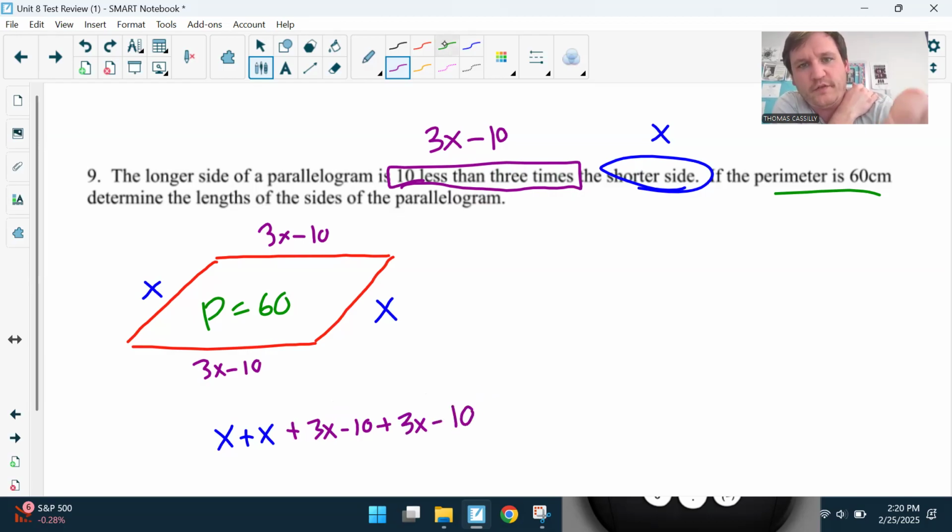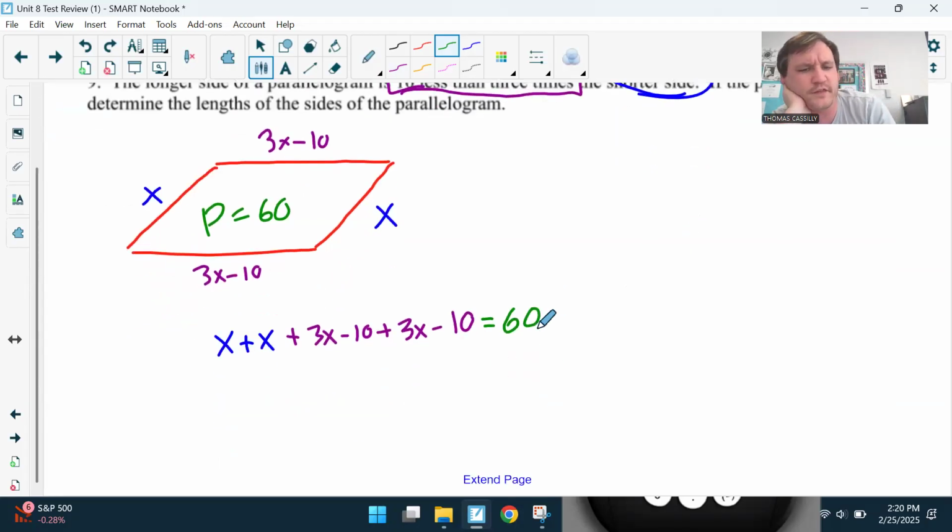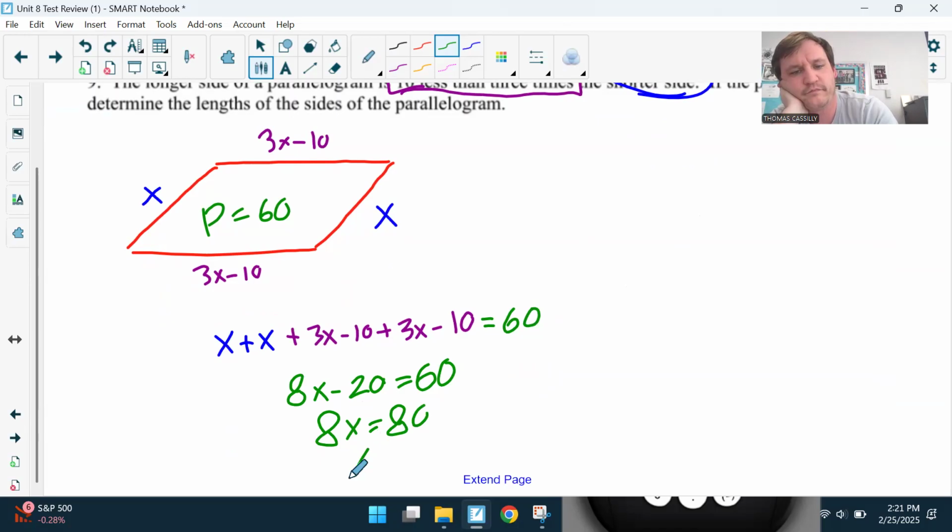You add all that together, it equals 60. So let's go ahead and do that. How many x's we got? 2, 4, 6, 8. You got 8x minus 20 equals 60. 8x equals 80. X is going to equal 10 here.